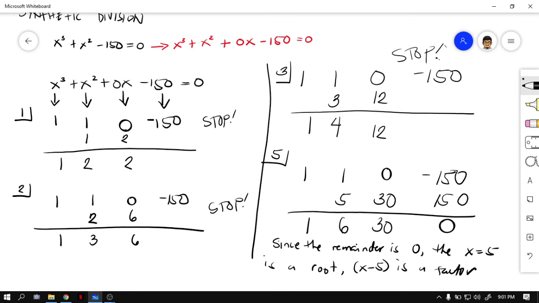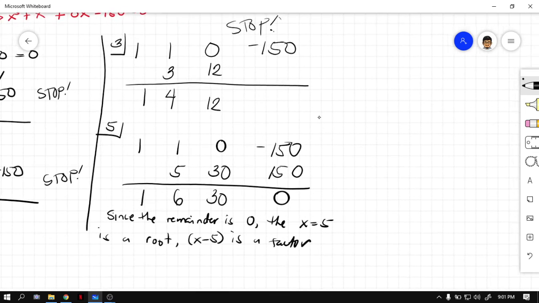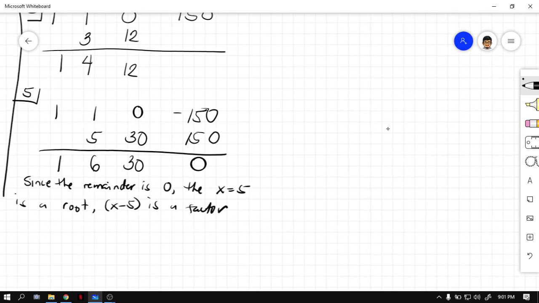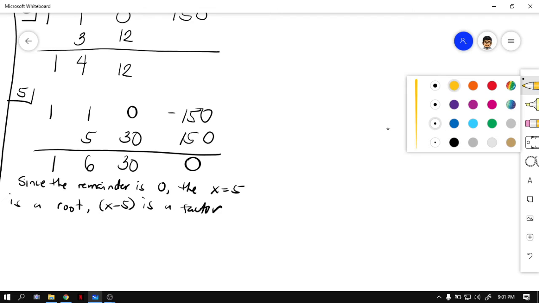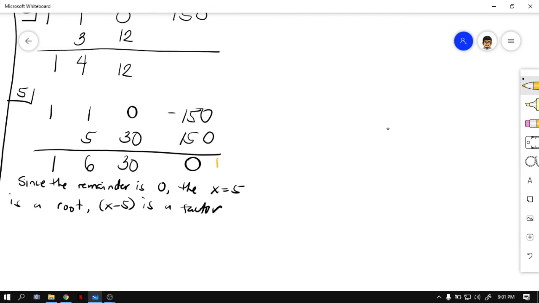Mula dito, gagamitin na natin yung tinatawag nating first depressed equation. Yung unang na-depress na equation. So, first depressed equation.